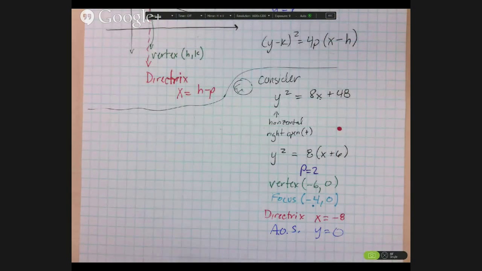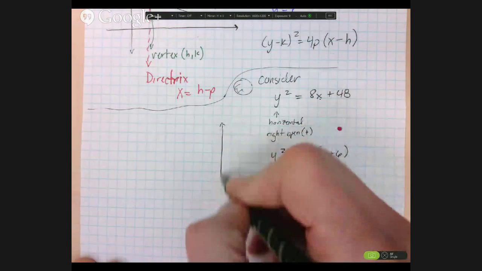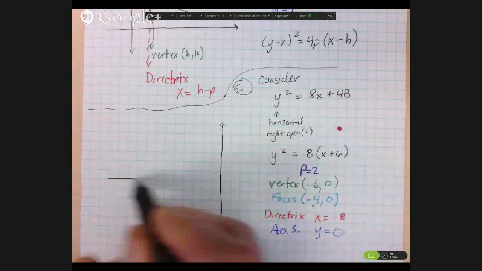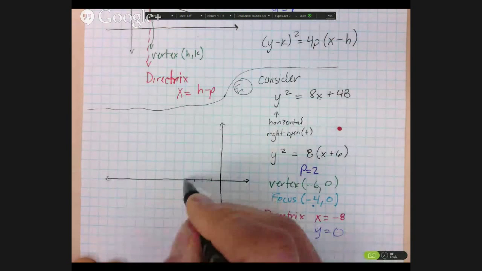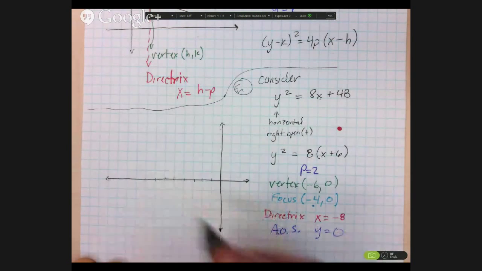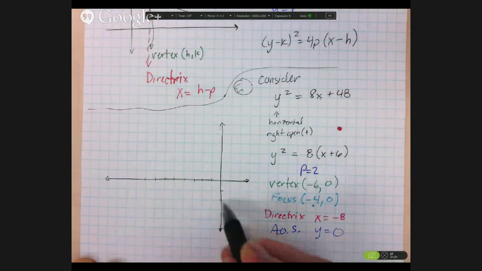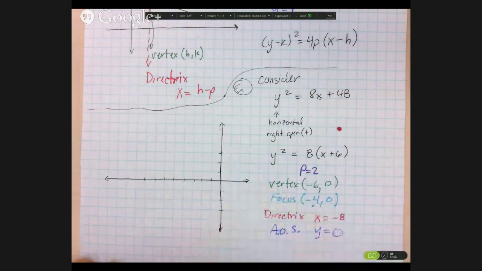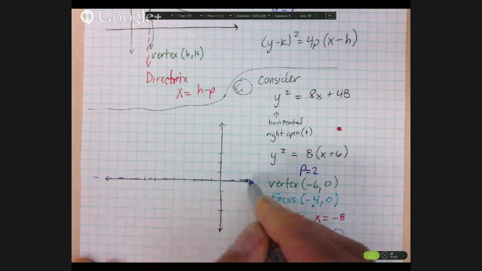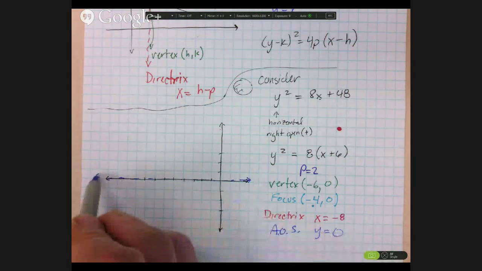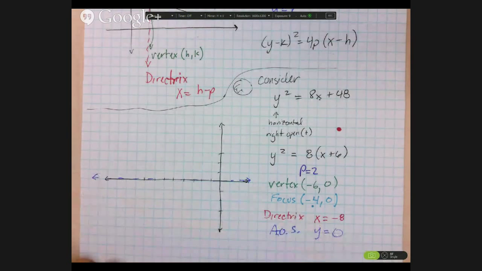Okay, we can graph it now. So the axis of symmetry, y equals 0. Directrix, x equals -8.